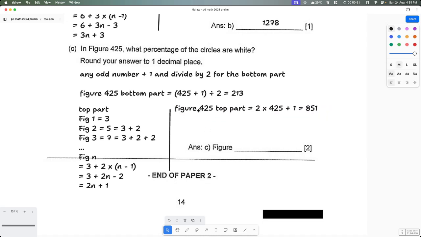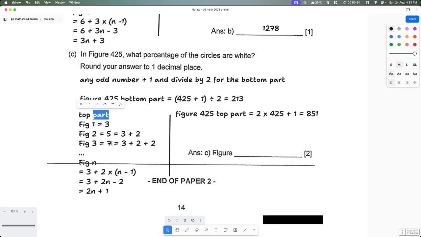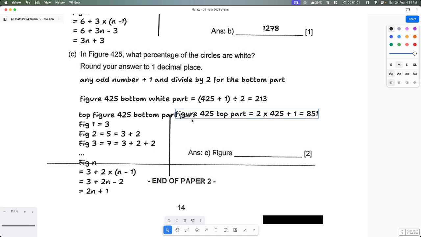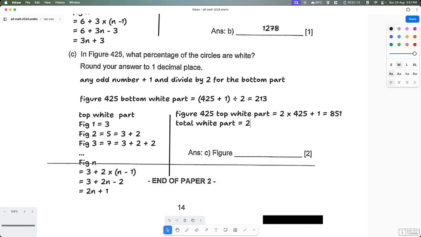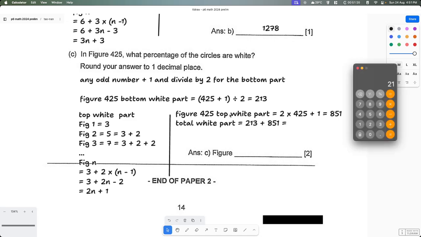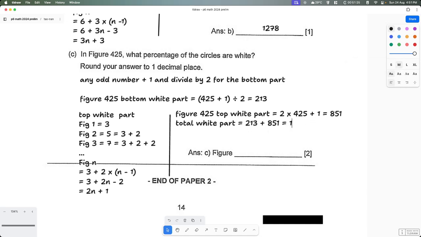Okay, so now we got the top part and the bottom part. So total white part is equal to 213 plus 851, which is equal to 1064.